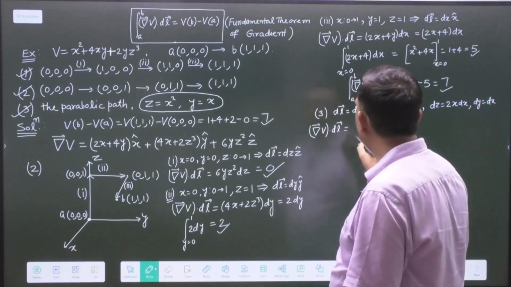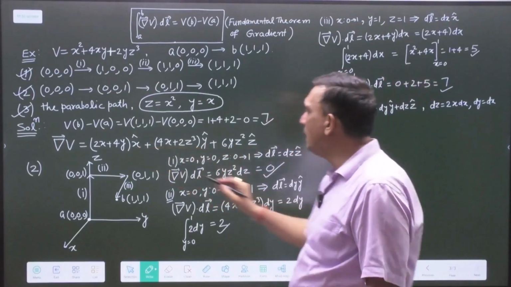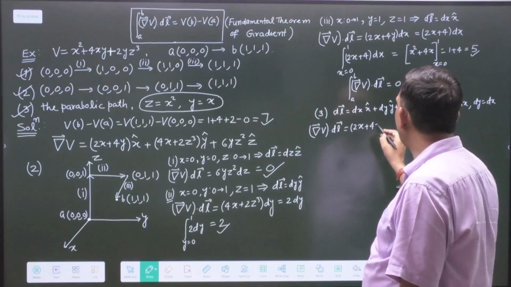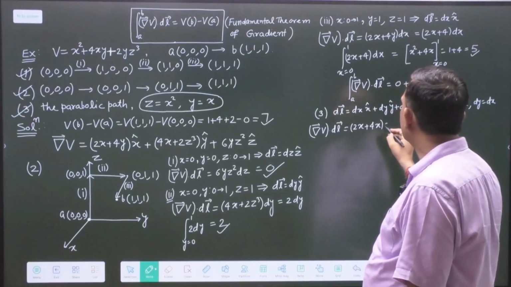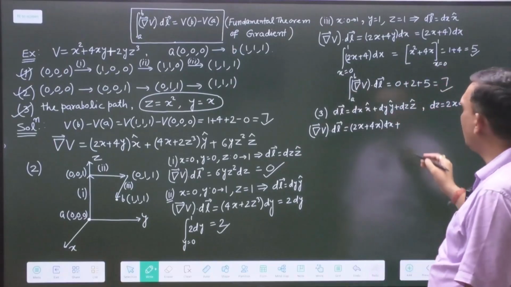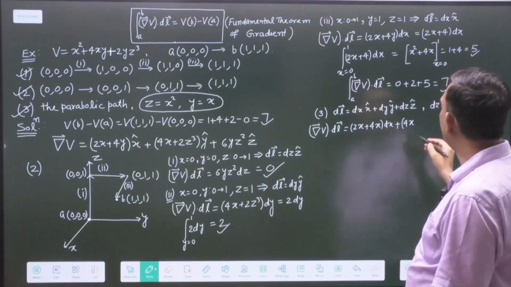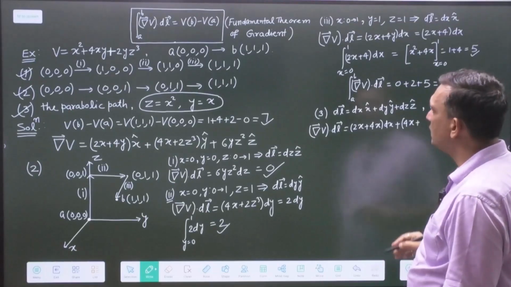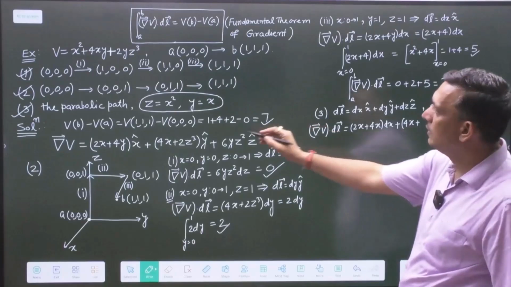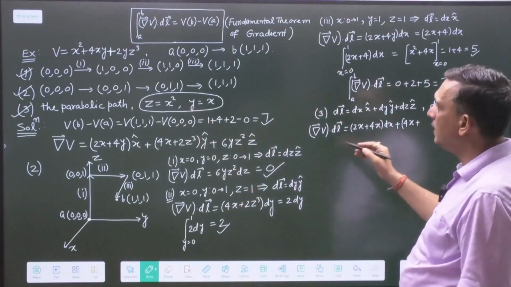So here you will get 2x. In place of y I am writing x. So this is 4x dx plus 4x, and plus 2 z cube is z to the power 6, x to the power 6.